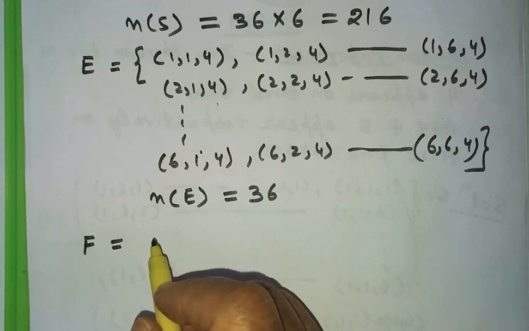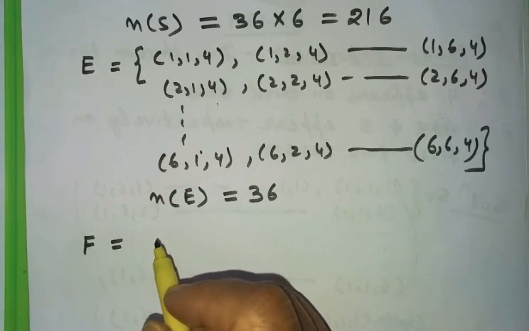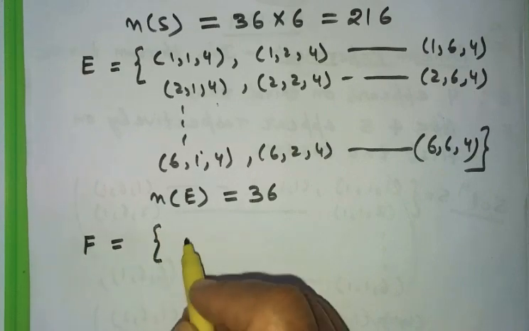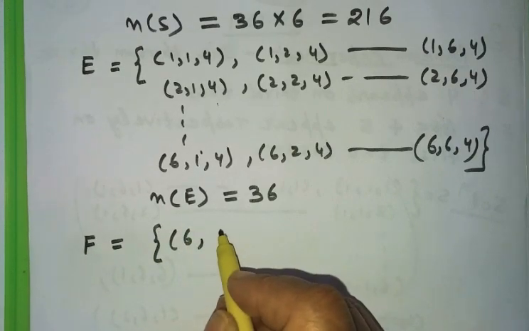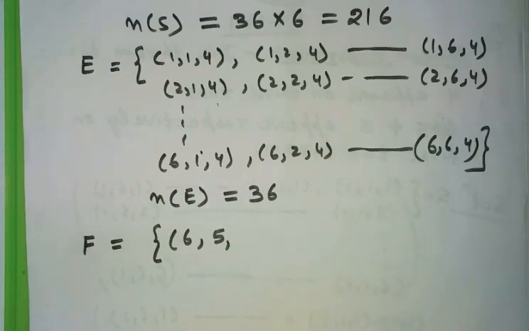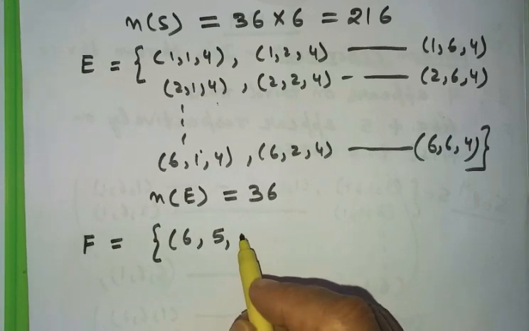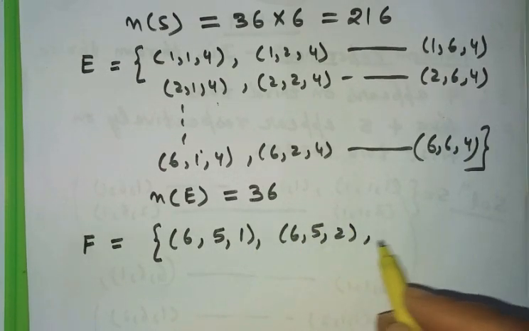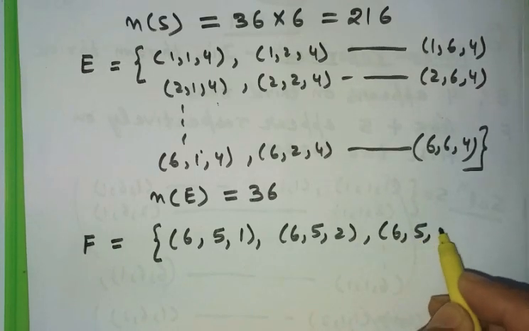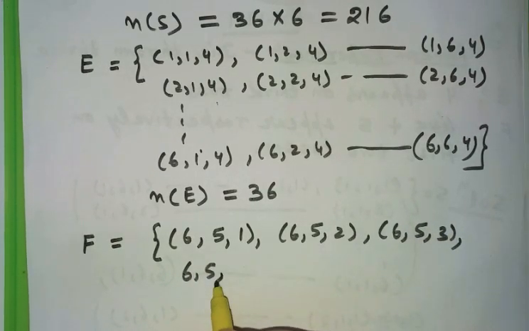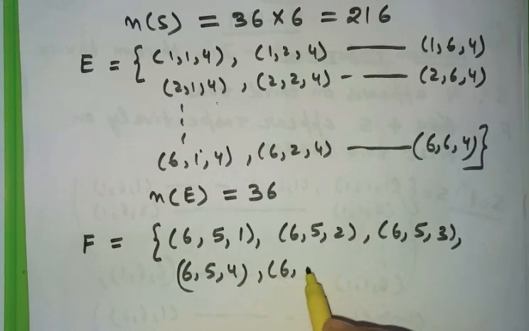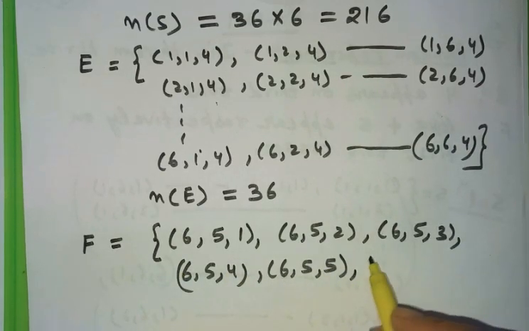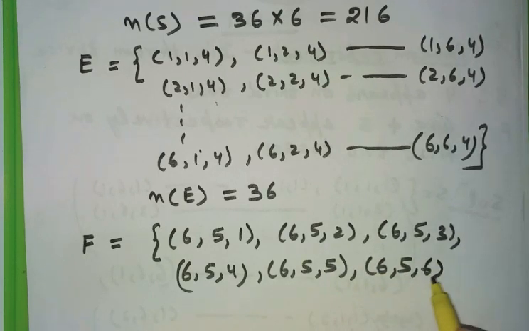Let us now write the event F. Event F says 6 and 5 appear respectively on first two tosses. So first toss gives you a 6, second toss gives you a 5, and there is no restriction on the third toss. That means at third place you can have any number from 1 to 6. So set F will be 6 5 1, 6 5 2, 6 5 3, 6 5 4, 6 5 5, and 6 5 6.